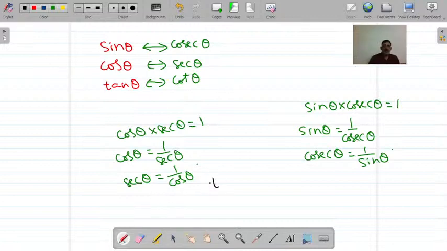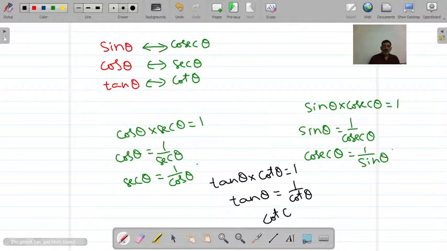We know that tan theta into cot theta is equal to 1. So from this I can say tan theta is equal to 1 by cot theta, or cot theta is equal to 1 by tan theta. These are the things we discussed earlier because they are reciprocals. What do you mean by reciprocal? Their product is 1. So one is the reciprocal of the other.